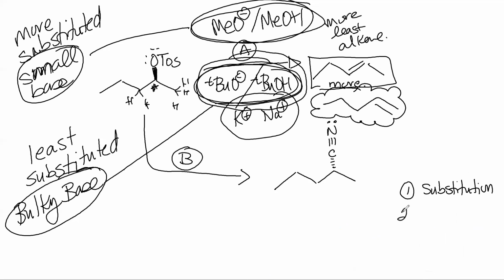We've determined that it is SN2 because we're on a secondary carbon and there is inversion. Our tosylate's pointing towards us and now the nitrile is pointing away. So if it's an SN2 reaction, we need to come up with an aprotic solvent.